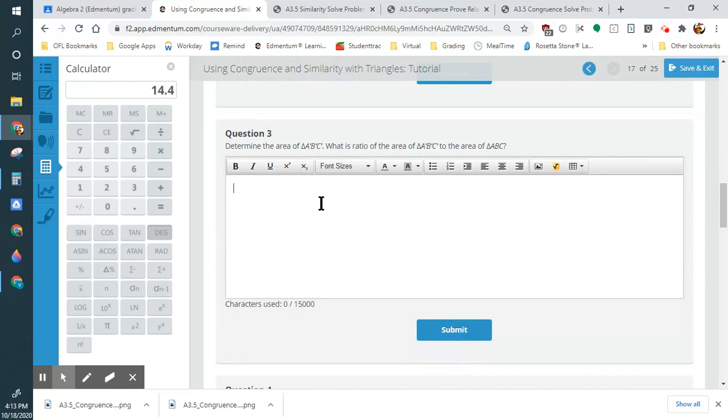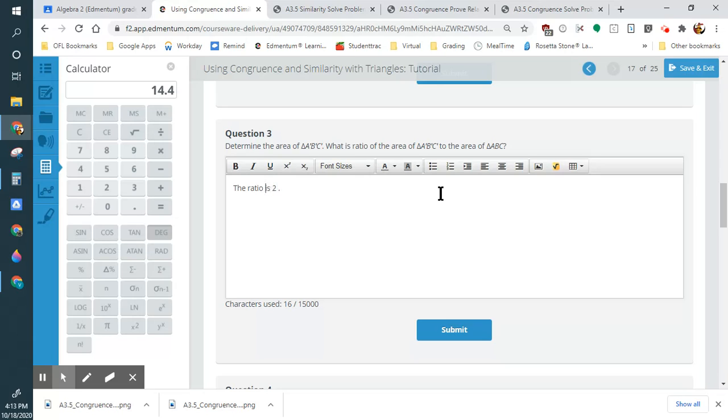All right, determine the ratio of the area. What is the ratio of the area? Ratio is 2.